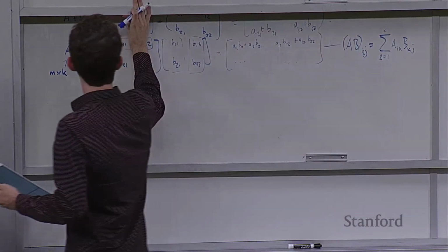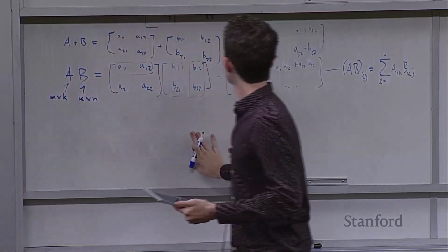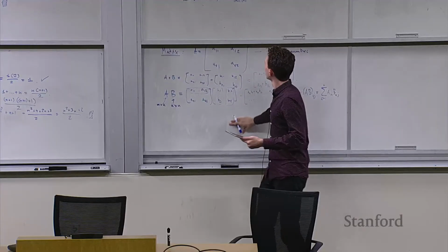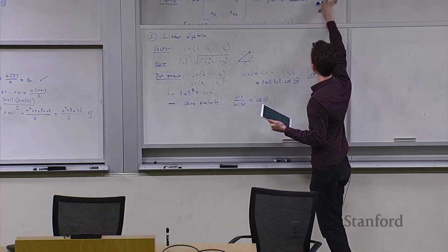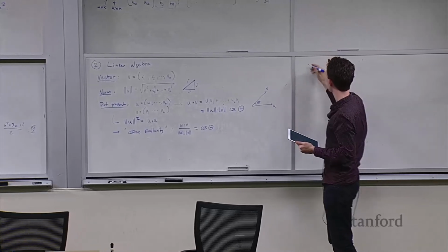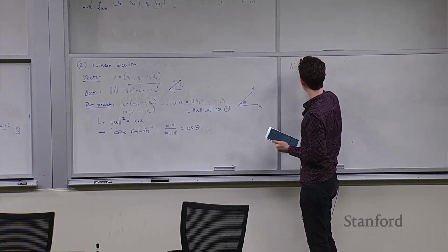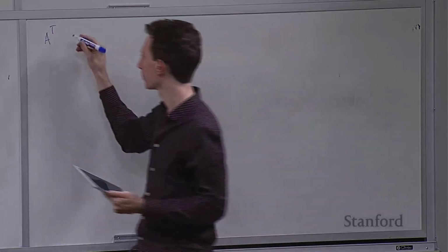Now, the next matrix operation we care about is the transpose. So A transpose is just the same thing as flipping rows and columns.